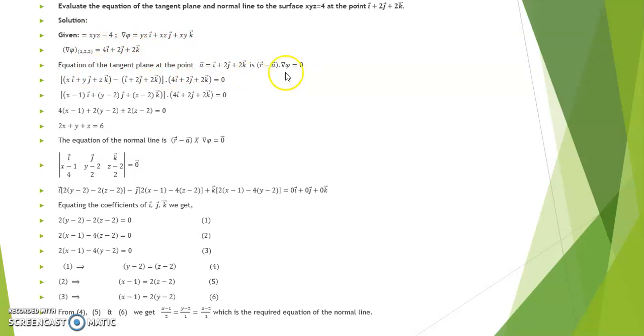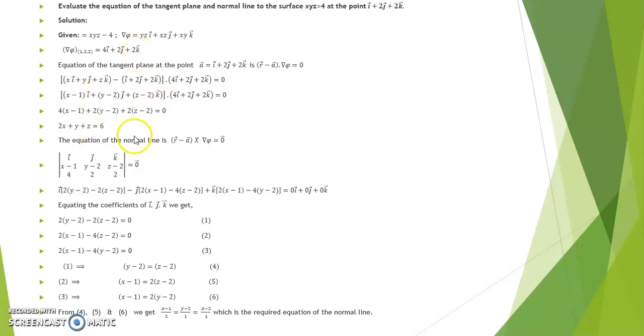Equation of a tangent plane, this is the formula: (r vector minus a vector) dot del phi is equal to 0. Right? You know what is r vector? R vector is x i vector plus y j vector plus z k vector, minus a vector. In place of a vector, you will be writing what is given in the problem, dot del phi. That's the reason why I found del phi in the beginning.